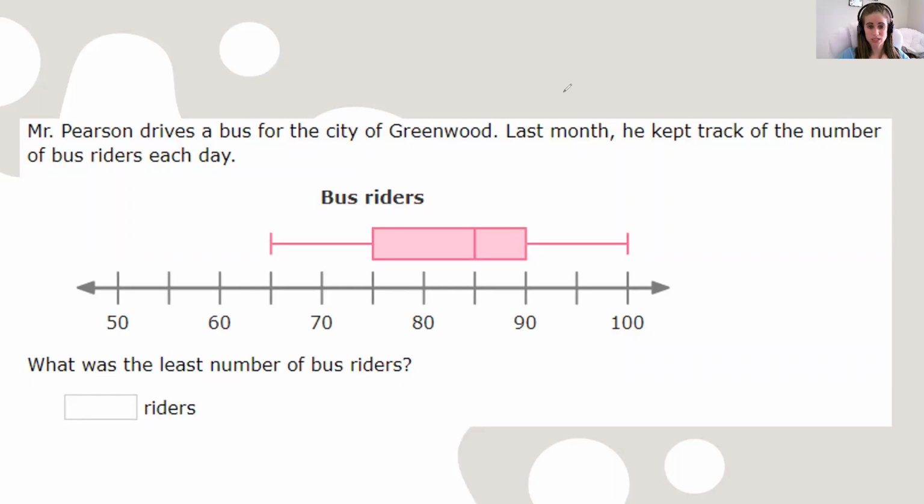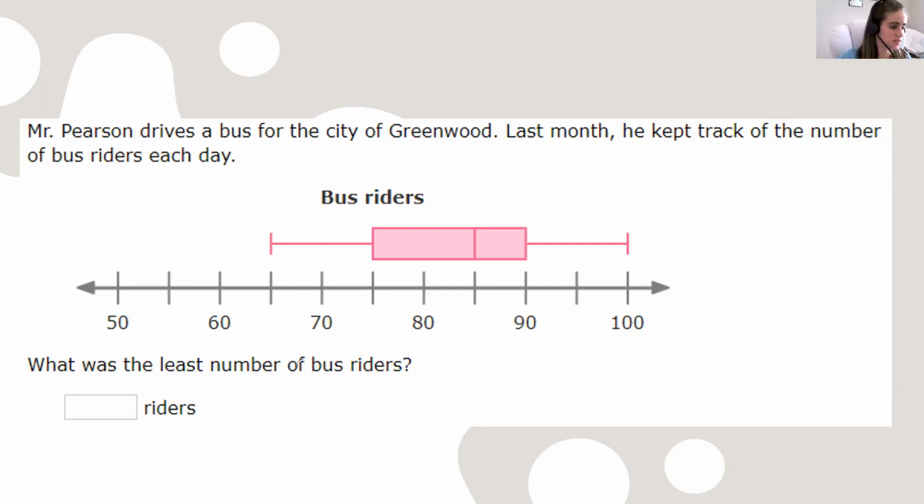One of the key parts of any type of problem like this, whenever you're interpreting, so saying what a graph means, what a graph is representing, is to really read and maybe even reread that question, because it helps you know what you're trying to find, which will allow you to focus in on that specific part of your graph.